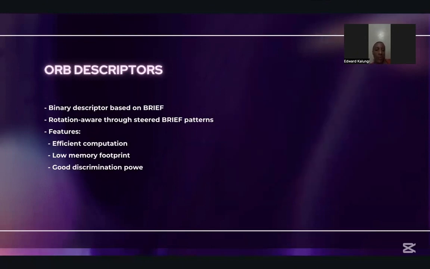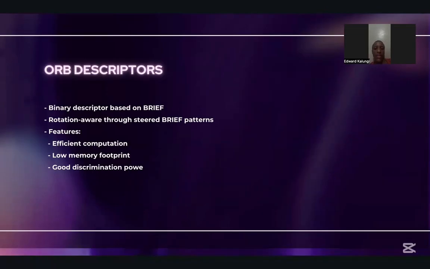So ORB uses BRIEF descriptors for key points, but since BRIEF doesn't work well with rotation, ORB adjusts the BRIEF descriptors to match the orientation of the key points.